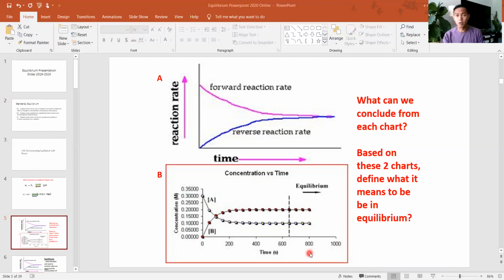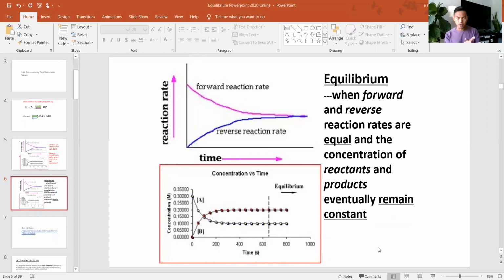It didn't reach zero. It could, but in this scenario it was used up to a certain point, and then the amount just held steady. Let's combine those two. So now let's go to the next slide.